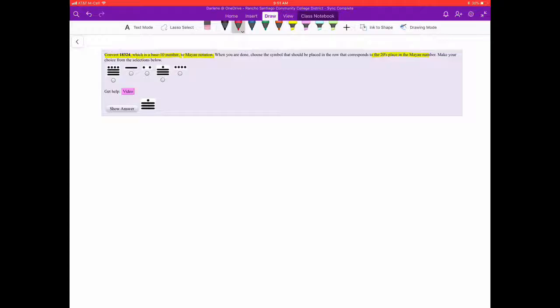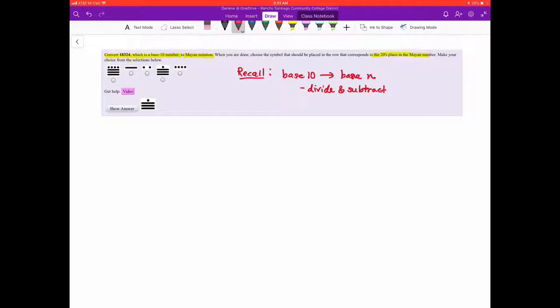So the first thing we need to do is recall a couple of things. The first thing we want to recall is that when you go from base 10 to a different base, we have to divide and subtract. And we can do this by calculator as well.